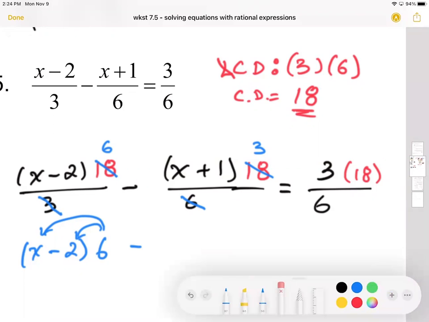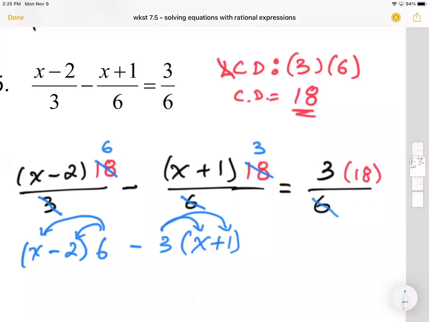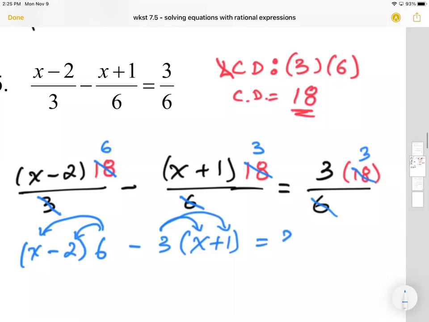It's supposed to be 3 open parenthesis x plus 1, and then you have to distribute it in. You rarely write it in the back, but again, 6 going into 18 is 3 times. That's why we have 3 times 3. When you distribute the 3 in, you have to change the sign because of that negative.